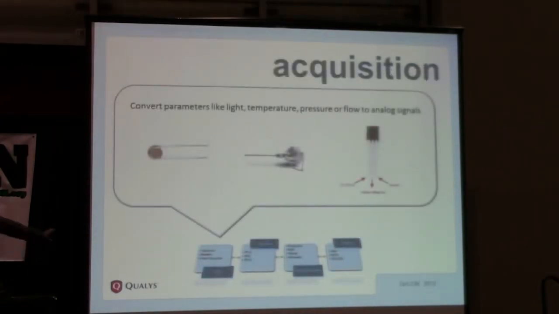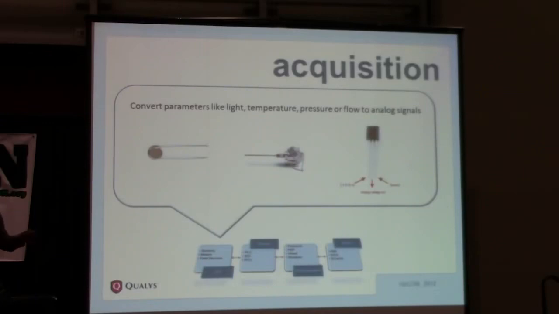The box on the leftmost side is that of data acquisition. This consists of sensors, meters, and field devices, which acquire parameters like light, temperature, and pressure and convert them most probably to an analog signal.